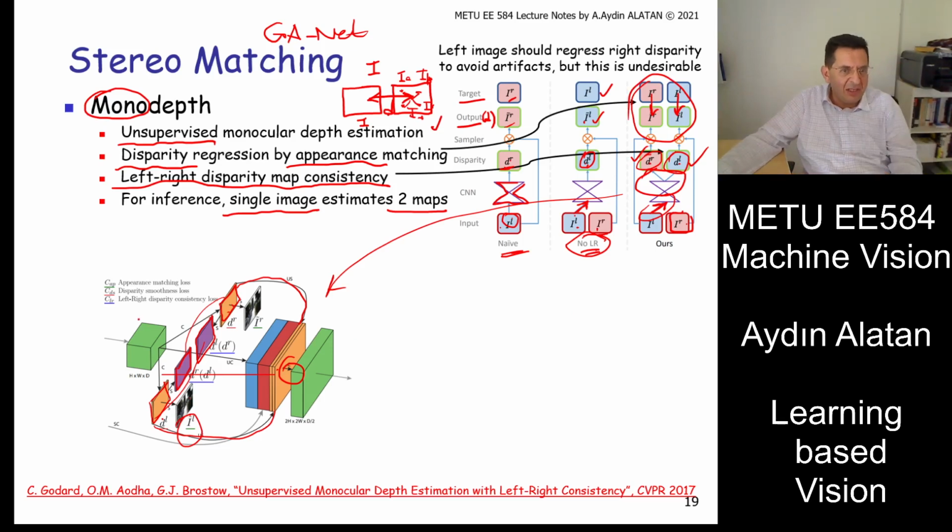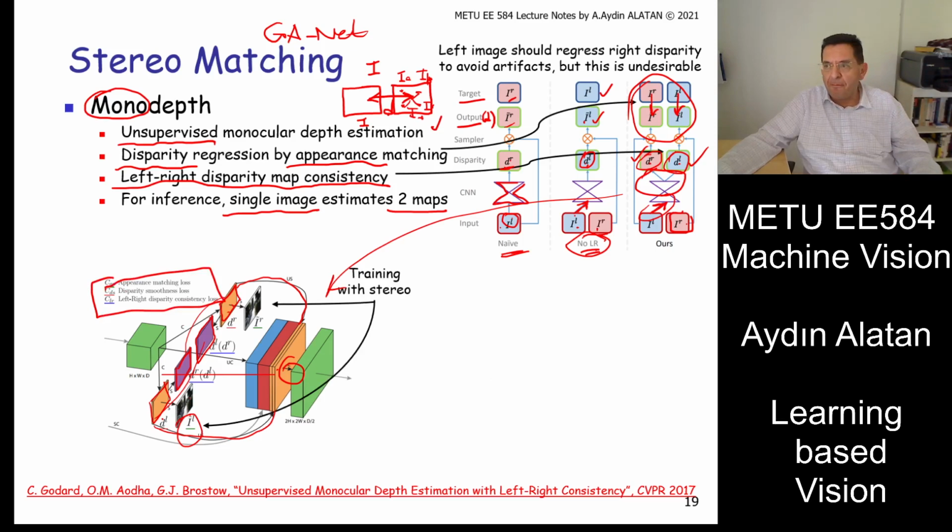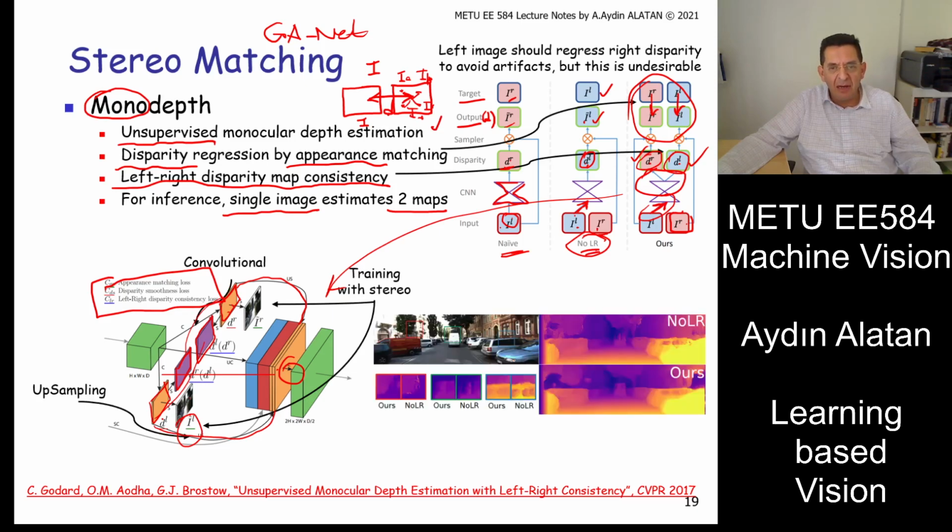Okay, there are these three errors at the end, and you just have to propagate them back. This is the convolutional, and this is the upsampling that we are doing here, and these are typical results.